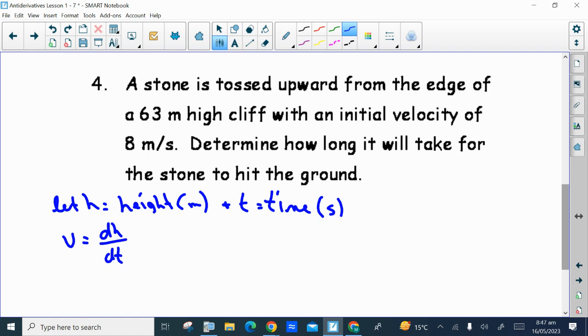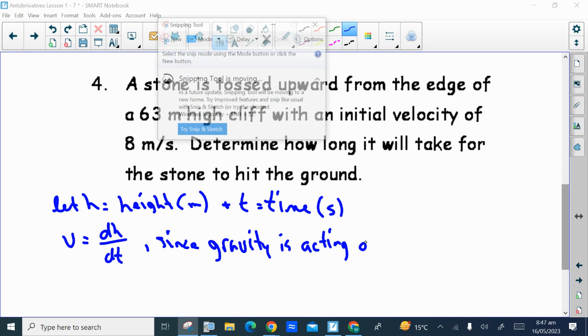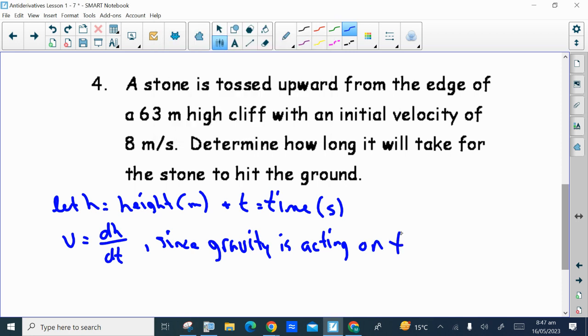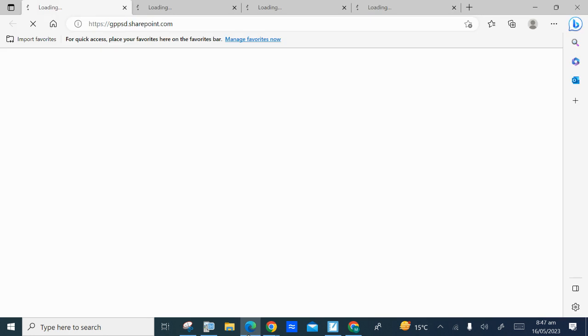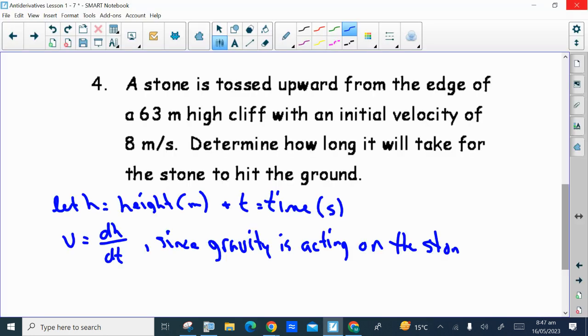Now, also, since gravity is acting on the stone, then dv by dt, the rate of change of velocity with respect to time, would be negative 9.8.